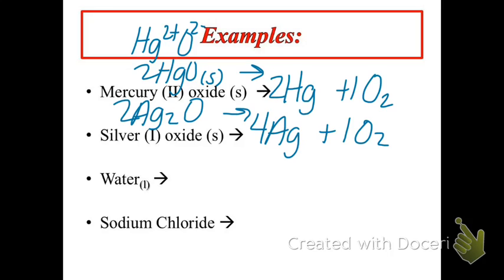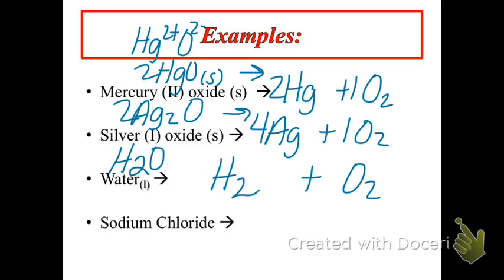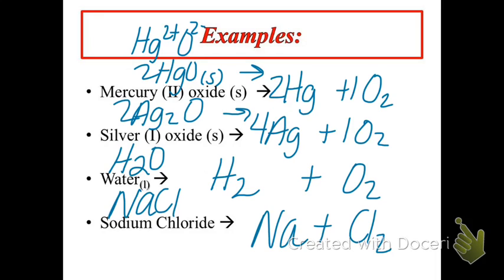Then you have like water. And hydrogen is a diatomic, so make sure you put that 2 with it. And same thing with O. Alright. And then last one, sodium chloride. Na. And then chlorine is a diatomic, so there you go.